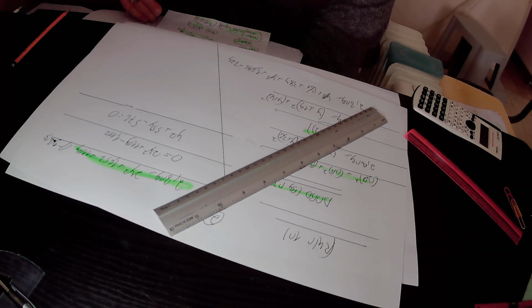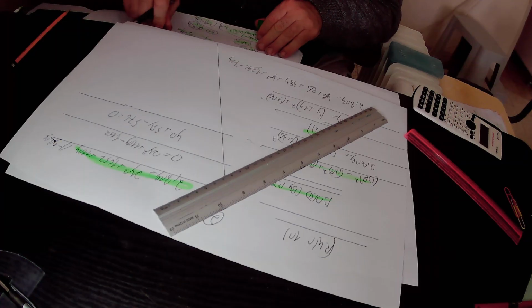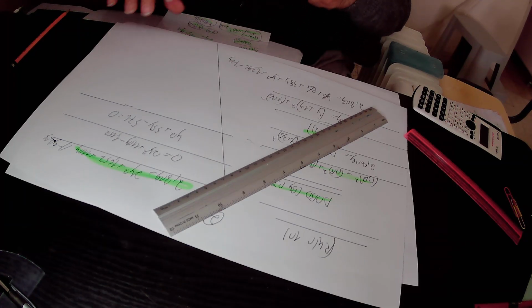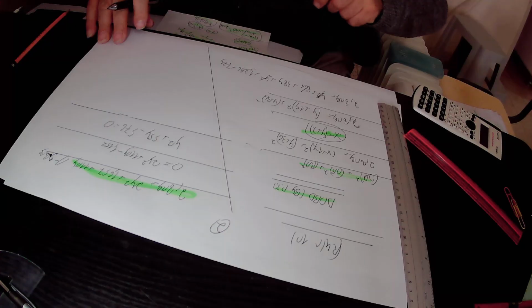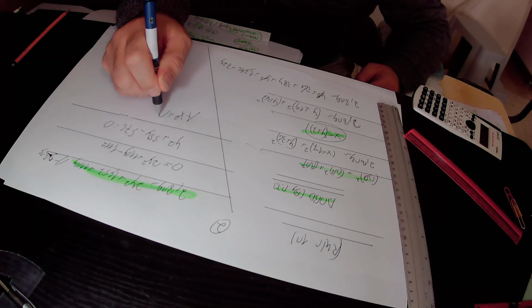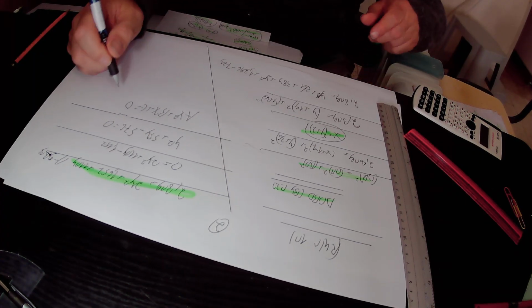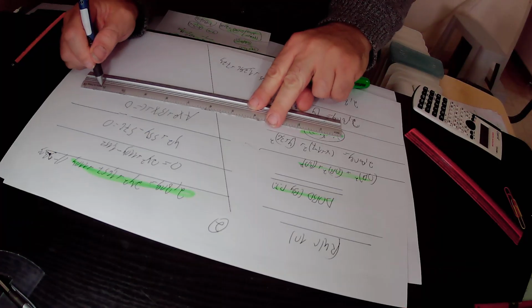This is a quadratic equation, and the general form of a quadratic equation is as follows: ax squared plus bx plus c equals 0.